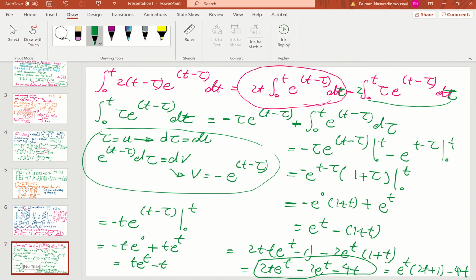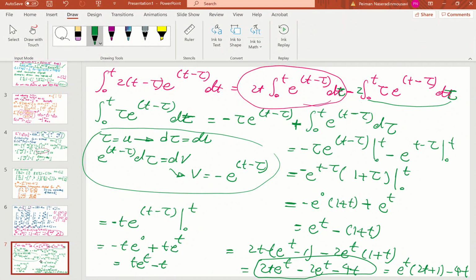So now let me double check to make sure, because I'm doing it with you. So tau is u, this is t not dt. Control needs patience, guys. So it's going to be minus (t minus tau). So this is going to be uv minus and minus plus v du.